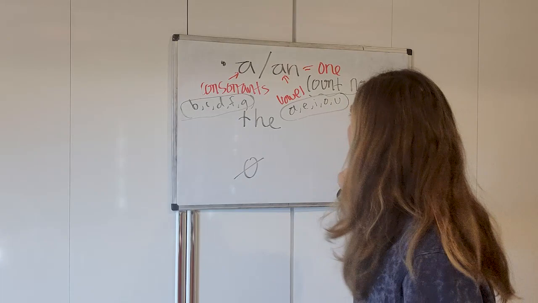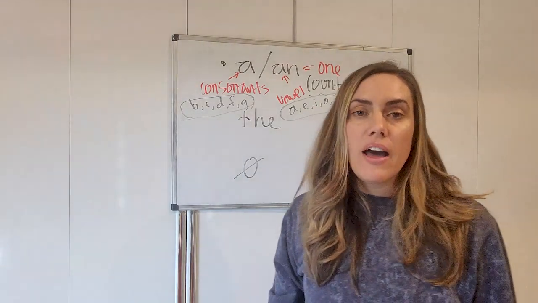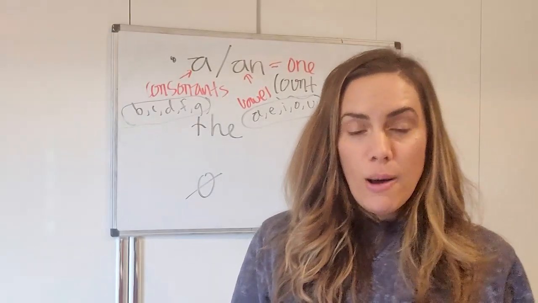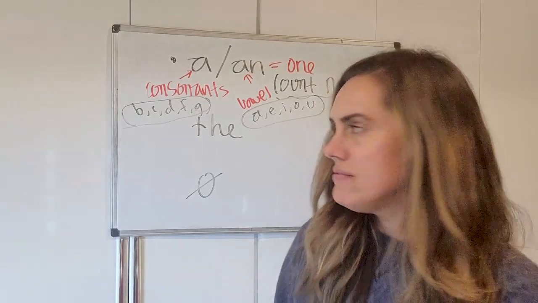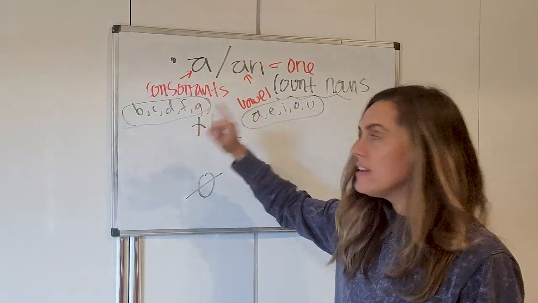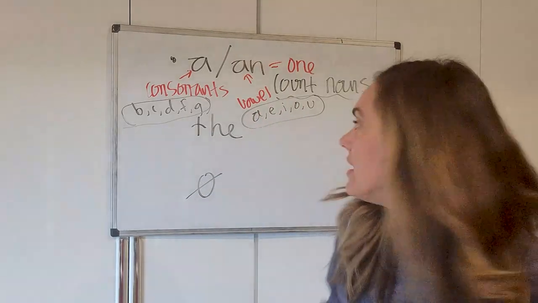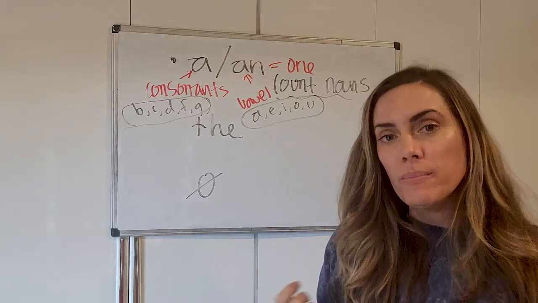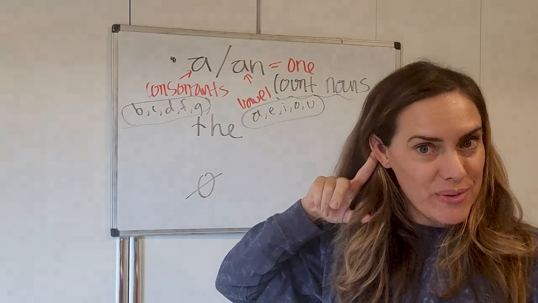Now, over here with the vowel, let's say I want to talk about my apartment. I want to say I live in an apartment. Why is it an? An apartment, because the word apartment starts with a vowel sound.